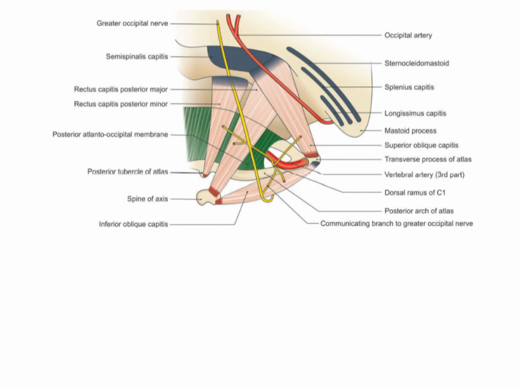And apart from that, look into this picture. This is mainly to observe the floor of suboccipital triangle. The floor is formed by two posterior structures. They are the posterior arch of atlas, which you can make out here, and another posterior structure which is a membrane.